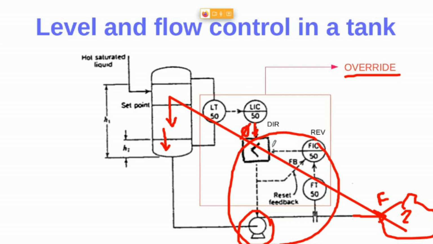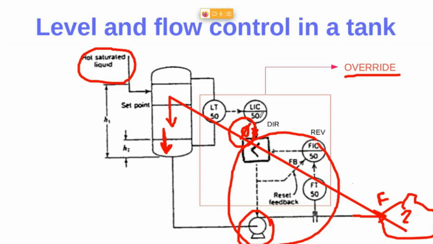Which manipulated variable will be the smaller? This one, for sure, because this variable will say, just stop the pump in order to protect it, because you are running out of liquid, right? Because, I don't know, here the liquid is not incoming, so you are running out of liquid.